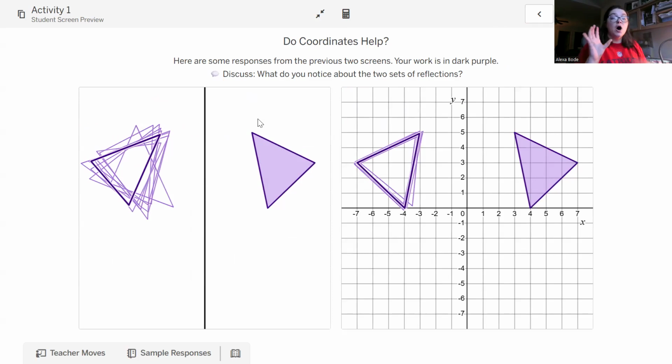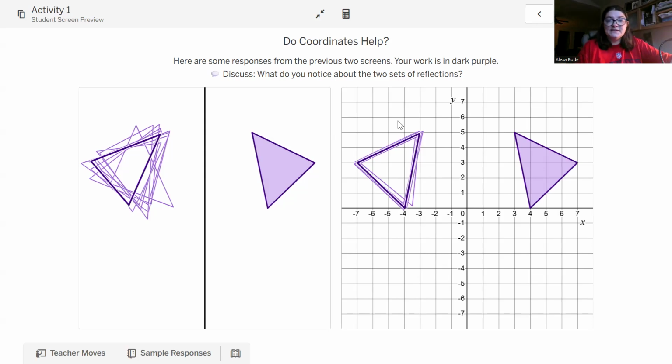Now, on my screen is a bunch of random examples. On your Desmos screen, you should see the triangles from your classmates and see how well your classmates did with this reflection activity. Hopefully, on this second one, everybody's is perfect. But if anybody made some small mistakes, that's okay.